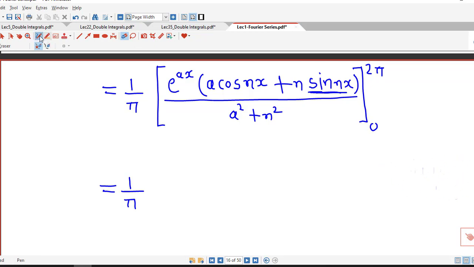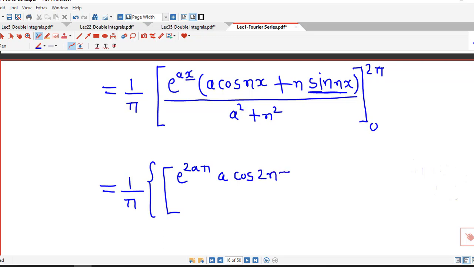So for x equal to 2 pi we obtain e raised to 2a pi times a into cos 2n pi, divided by a square plus n square, which is constant, so we can keep it in the denominator as it is, and the sine term is going to be 0 for x equal to 2 pi.